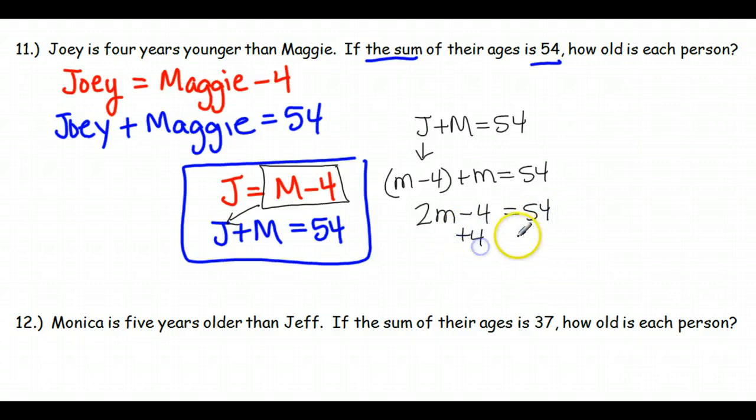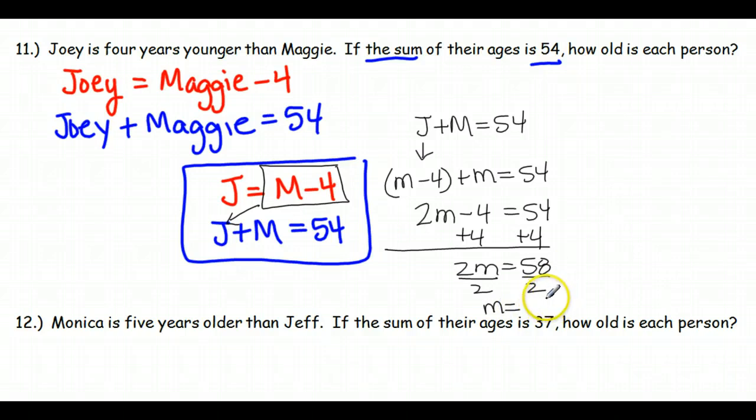Add 4 to both sides of our equation, and we get that 2m equals 58. And then we're going to divide both sides by 2, and we get that m equals, what's 58 divided by 2? Is that 19? Oh, that's 29. Alright, so m equals 29.